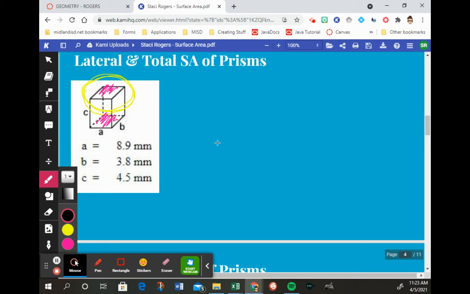I would have a rectangle right here, and the bottom would be A. I would have a rectangle coming off of it, and then another rectangle down here labeled A. This length right here is C, because I have A times C, because that is this front.